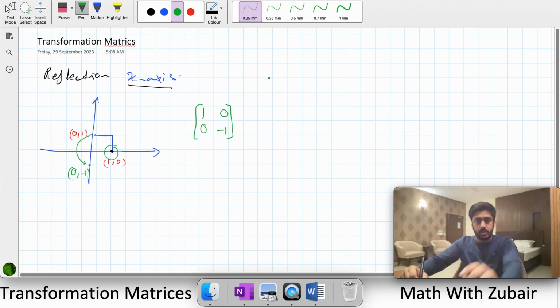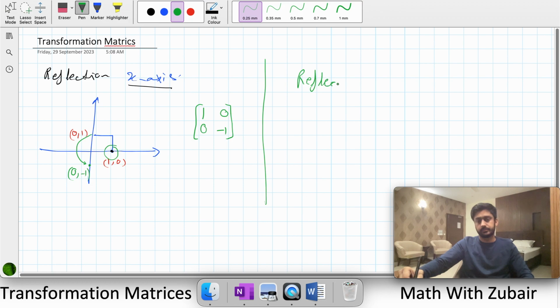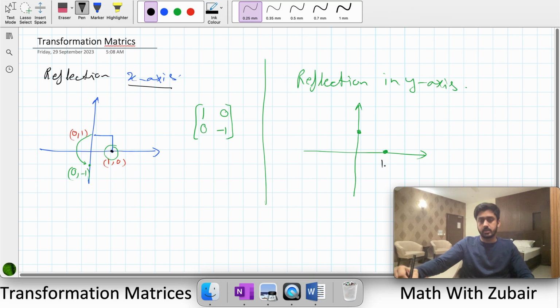So let's try one more. Reflection in y-axis. So again consider one basic grid. Again those same points, coordinates x1, y0, x0, y1. So when you reflect this in y-axis, you know this point stays on the invariant line or mirror line.